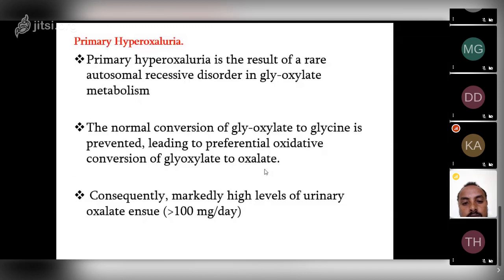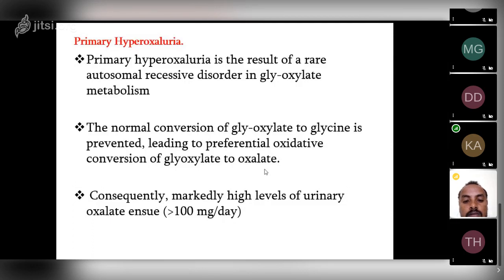The primary hypercalciuria is a result of rare autosomal recessive disorders in glyoxylate metabolism. So this glyoxylate should be converted to glycine, but by the autosomal recessive disorder, this glyoxylate is converted to oxalate.